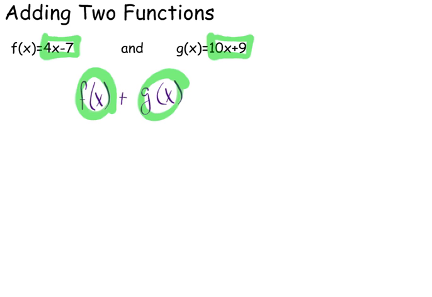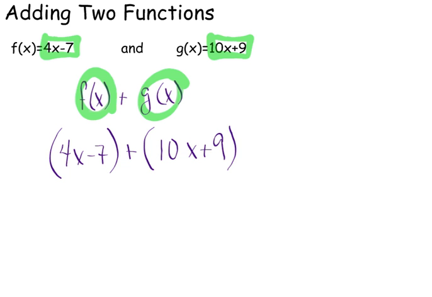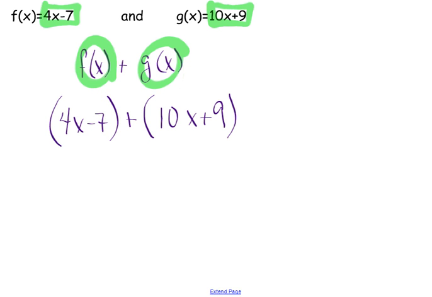So Fred, which was 4x minus 7, I'm going to add Grover to him, which was 10x plus 9. Now, just like in adding polynomials, we're going to remove the parentheses. So I have 4x minus 7 plus 10x plus 9.